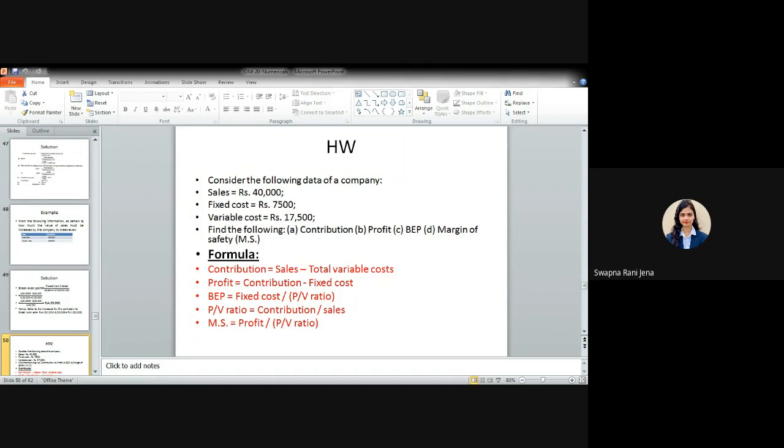Contribution is 22,500. Okay, you can drop your answer. Profit 15,000. Okay. Yes, sir. Then calculate the break-even point. Sivanipadi, what is your answer for contribution? Sir, doing, sir.